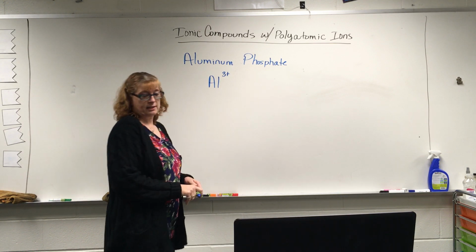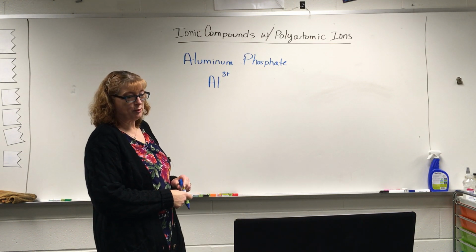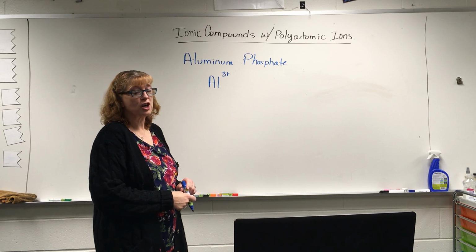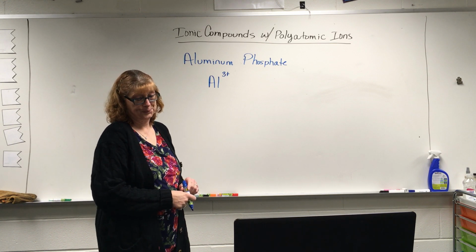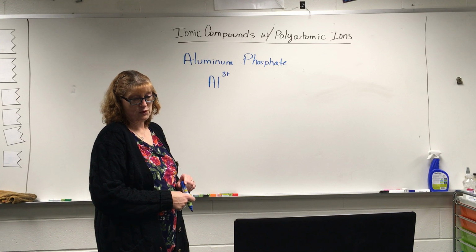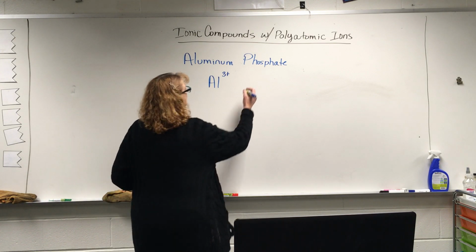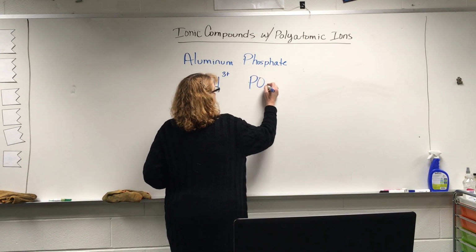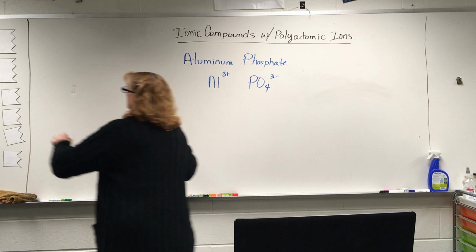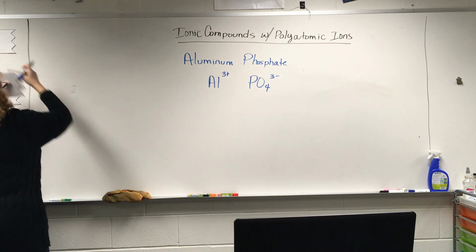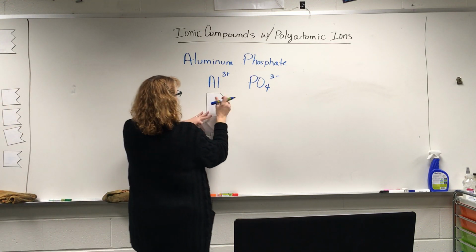Now phosphate. What's the formula for phosphate and what is the charge on phosphate? From your notes yesterday. PO4 with a -3 charge. Yep, PO4, 3 minus. I'm going to be using little manipulatives.